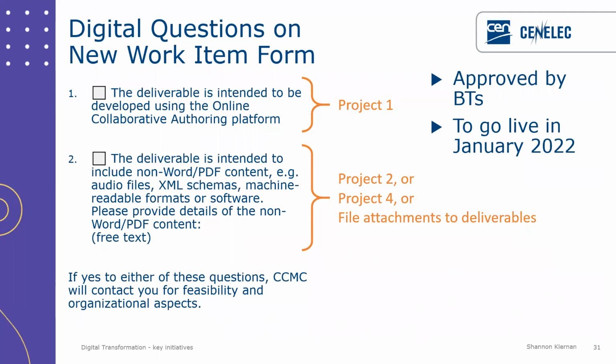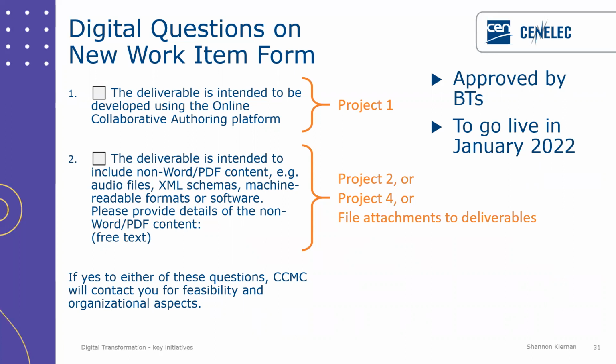Last topic that I wanted to mention is that coming soon, so this has been approved by the BTs and we expect it to go live in January 2022, is that there'll be 2 new questions on the new work item form, which is used whenever you're proposing a new work item to be created. So one is whether it's intended to be developed using the online collaborative authoring platform.